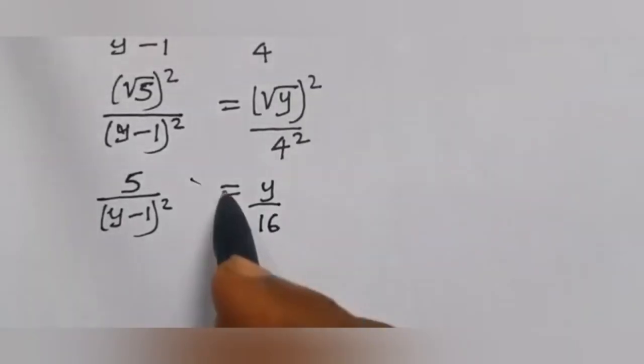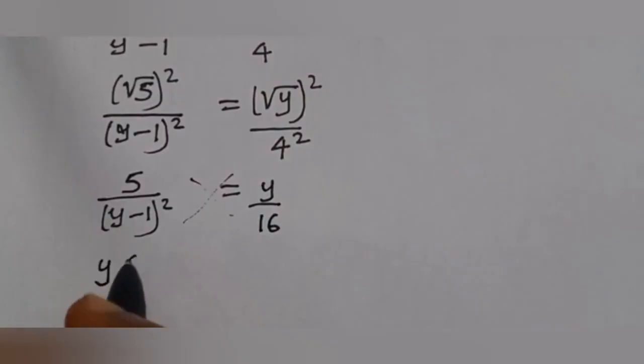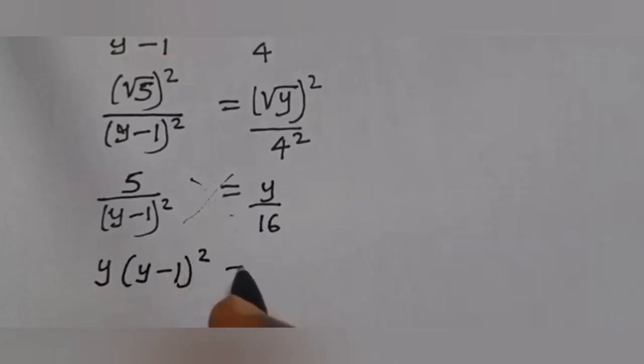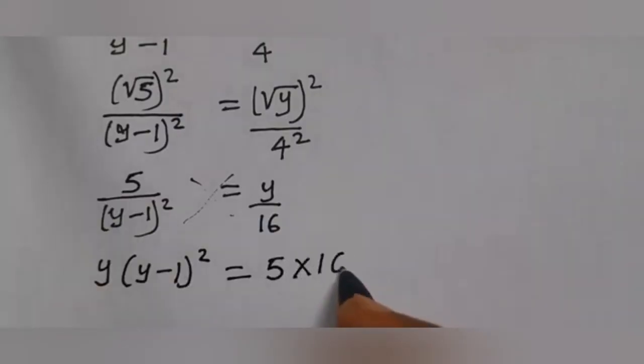Closing multiplication here. We have (y − 1) squared equals 5 times 16.